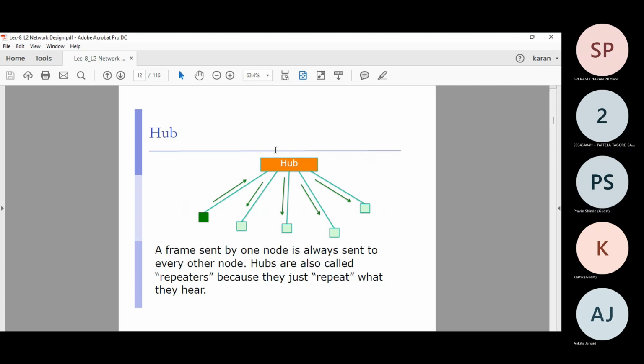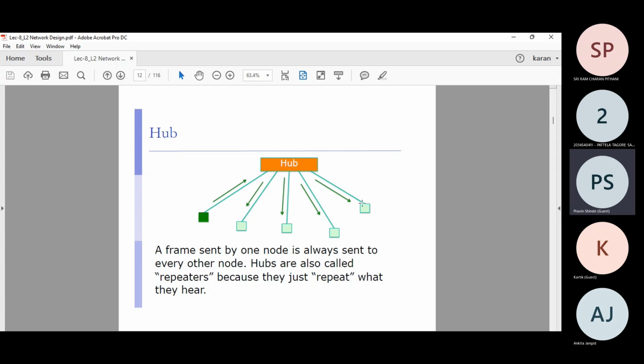See, this is a hub with ports 1, 2, 3, 4, 5. A frame sent by one node is always sent to every other node. So hubs are also called repeaters because they just repeat what they hear. A frame goes to the second port, third, fourth, fifth port.